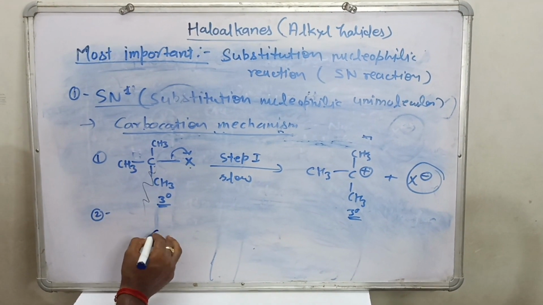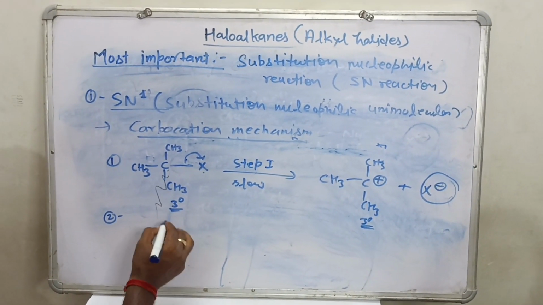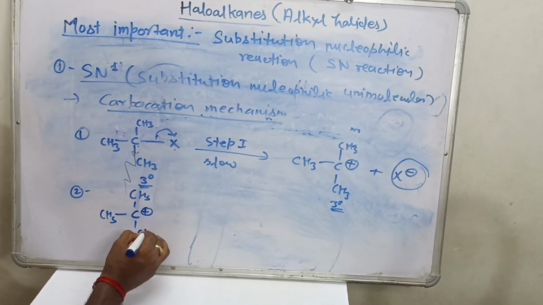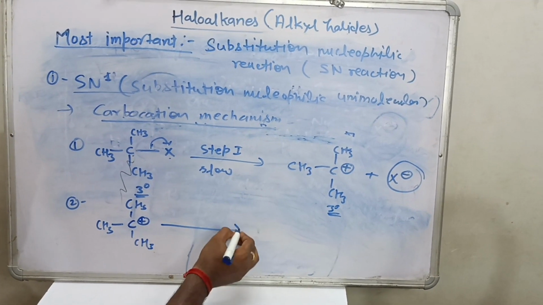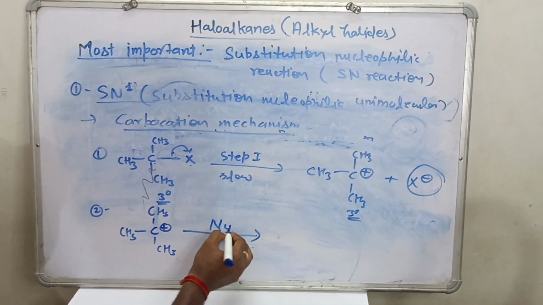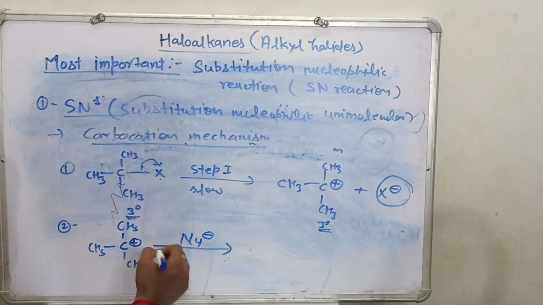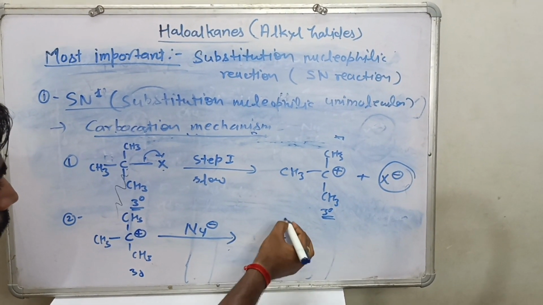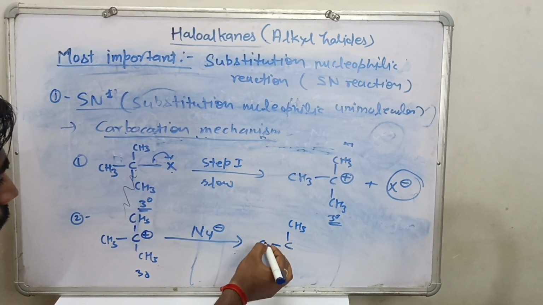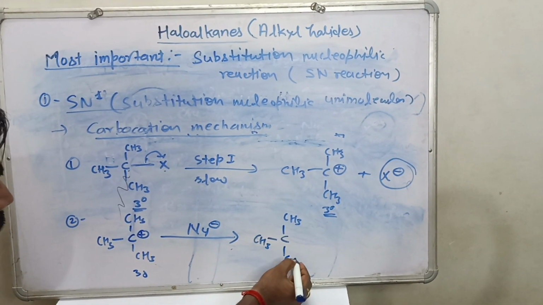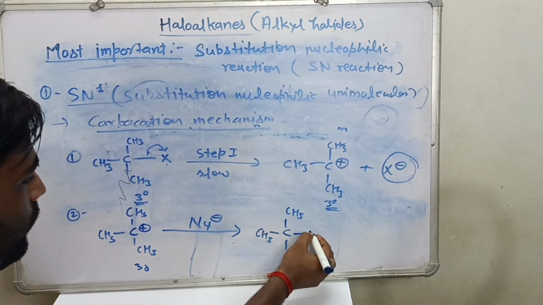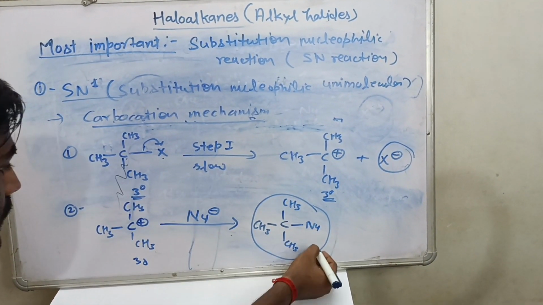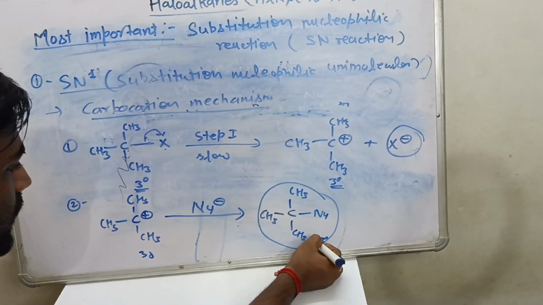In the second step, this tertiary carbocation reacts with the nucleophile, or the nucleophile attacks this tertiary carbocation, leading to the formation of a new product that will also be tertiary.